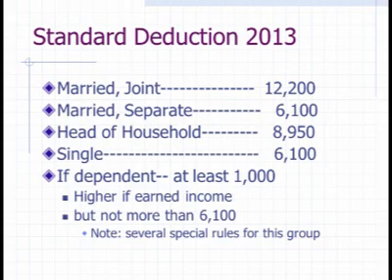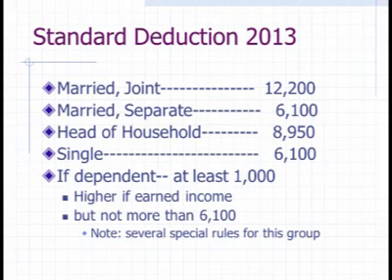The widower, in the year of your spouse's death, you file a joint return. For the next 2 years, you can continue to use the married filing joint schedules and standard deduction if you have a qualifying child. Note, qualifying child versus qualified relative living with you.